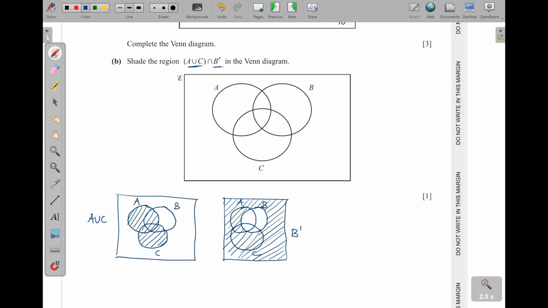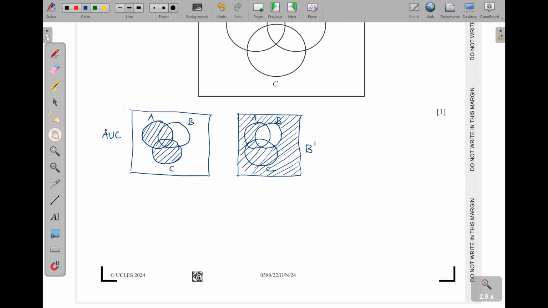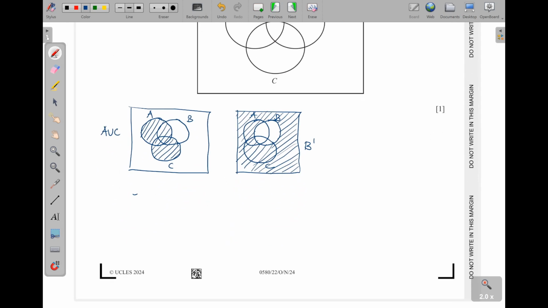Now for intersection, for A union C intersection B complement, okay, then we pick the common shaded regions.